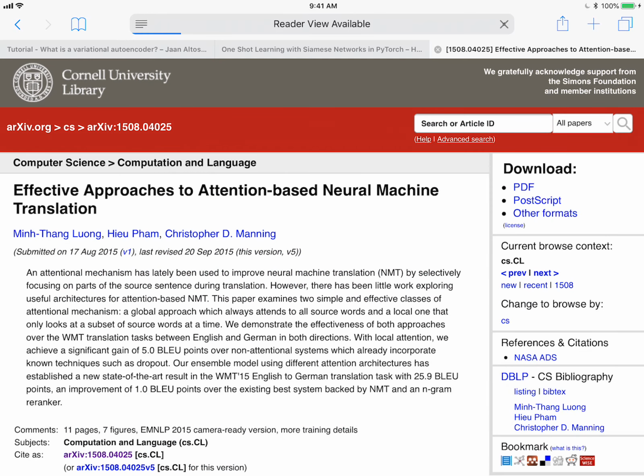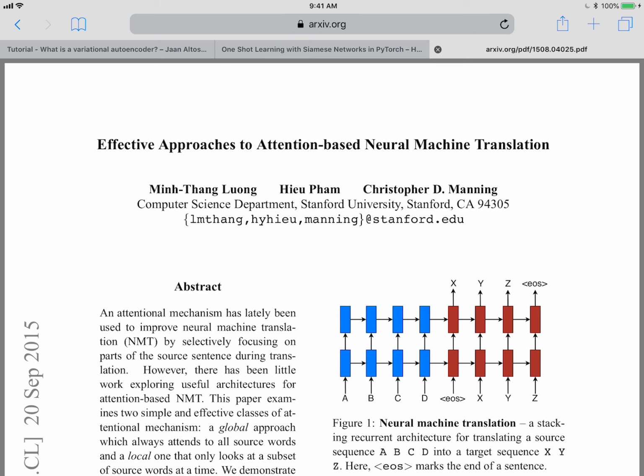Several different variations of how we compute this attention weight are shown in this paper.